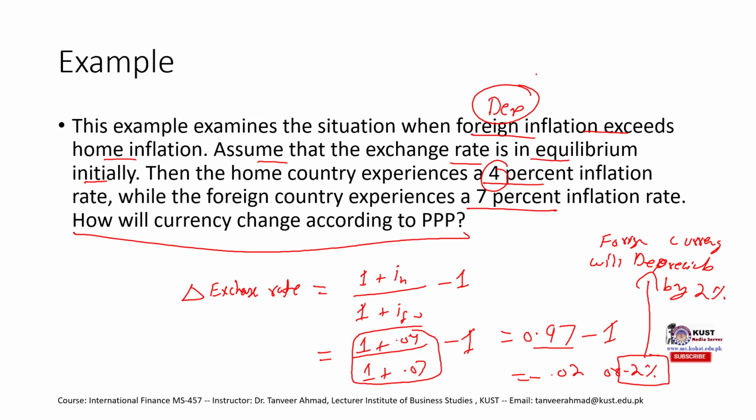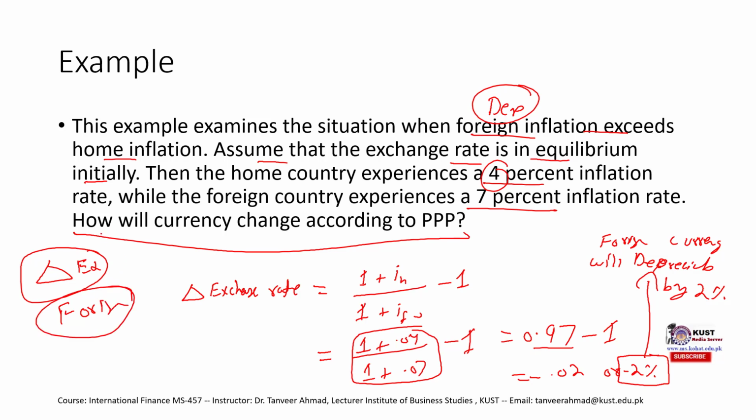So let me go through this example. We had the inflation of home country and we had the inflation of foreign country. Our question is, what would be the change in exchange rate? But we are not talking about the change of the home currency, but the foreign currency.